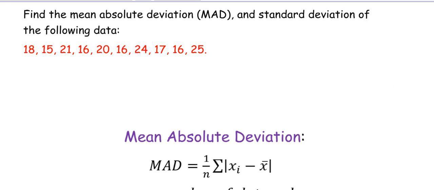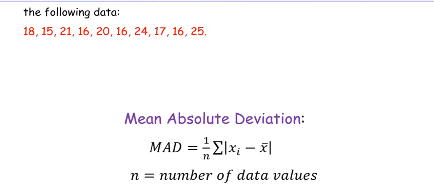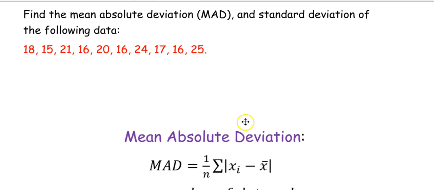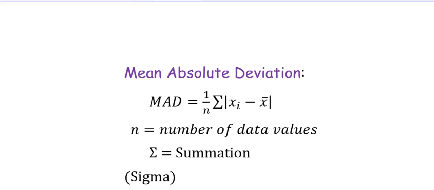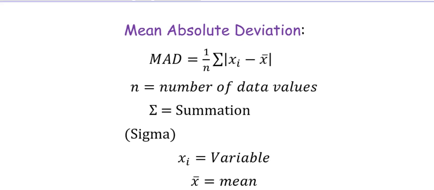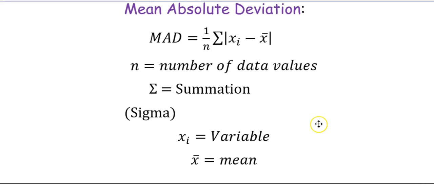So we have a formula for the mean absolute deviation, in short we say MAD. Mean absolute deviation is equal to 1 over n, where n is the number of data values, that is, how many numbers we are considering here.